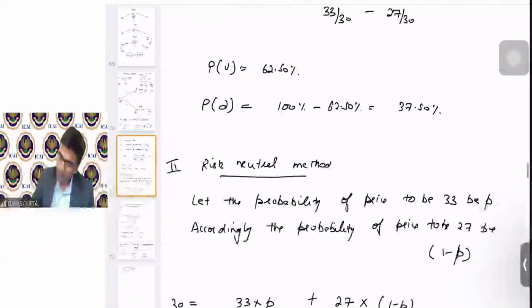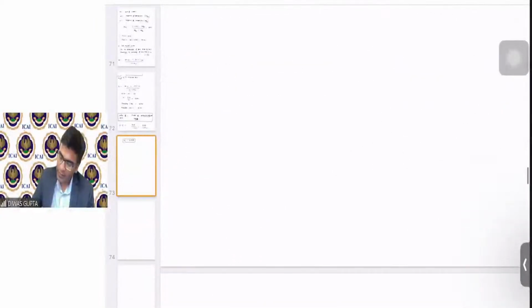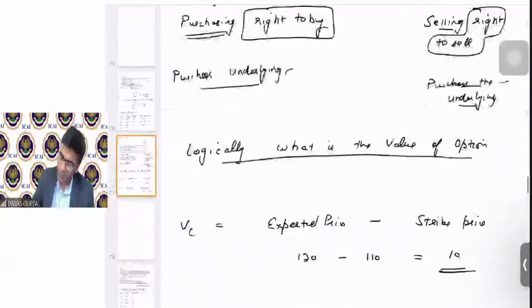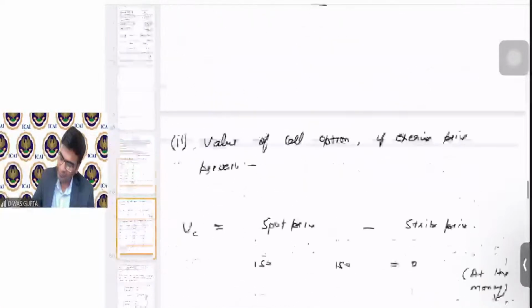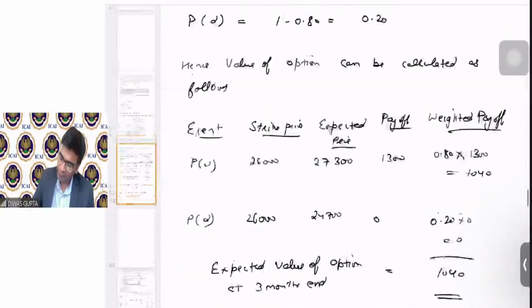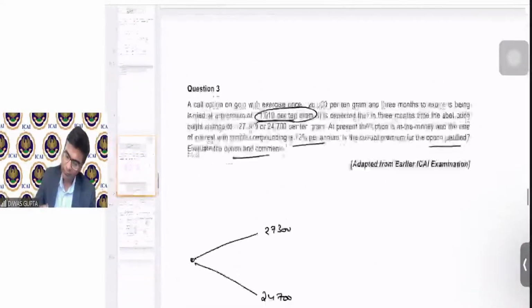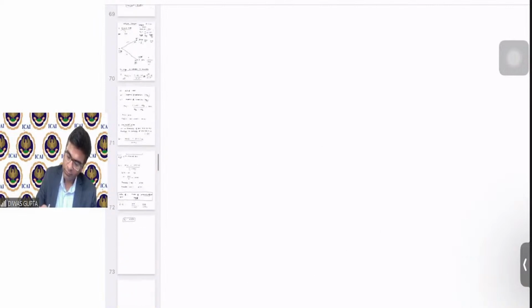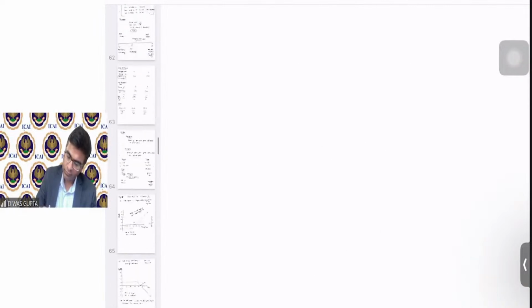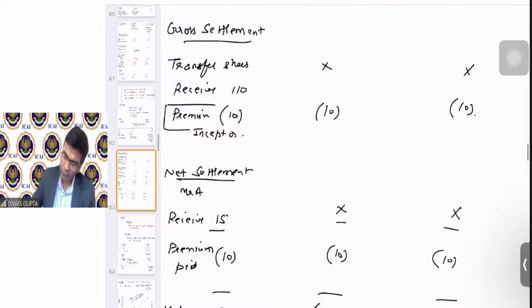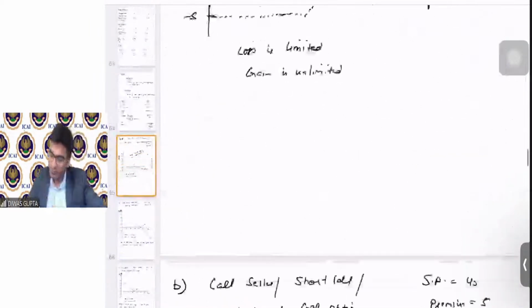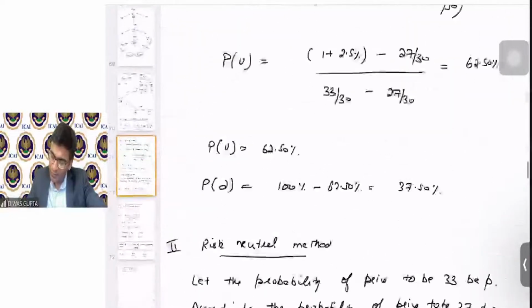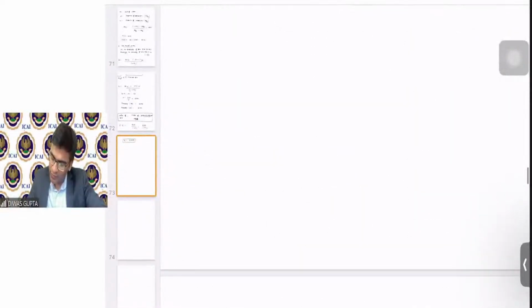Wait, let me bring up those cases that we discussed. Just a second, students. For your clarity, let me bring out the 4 cases that I've plotted somewhere.